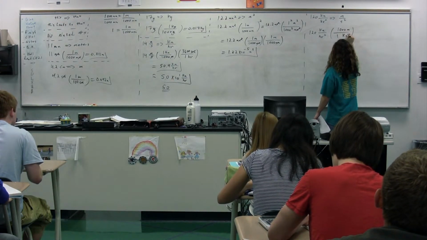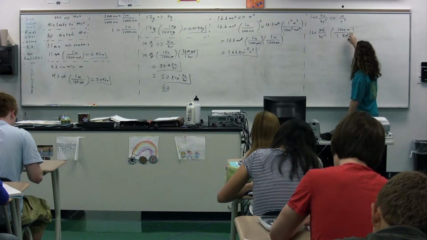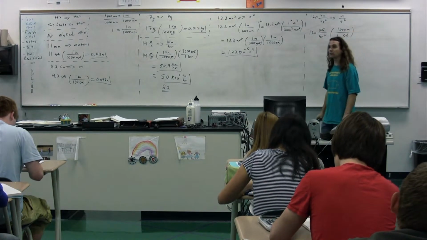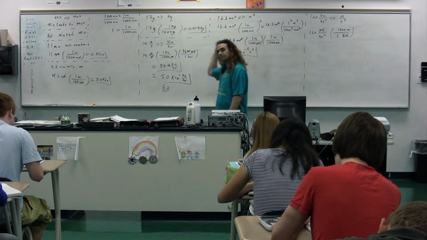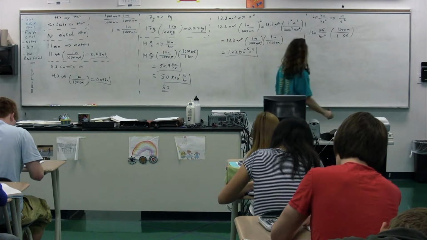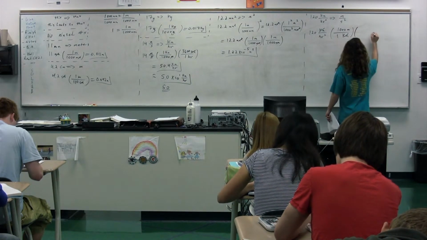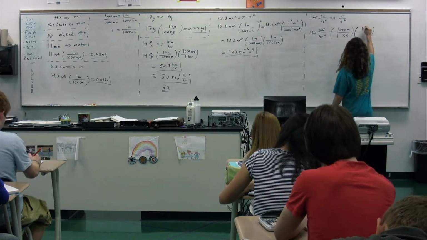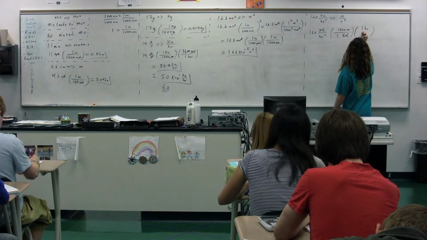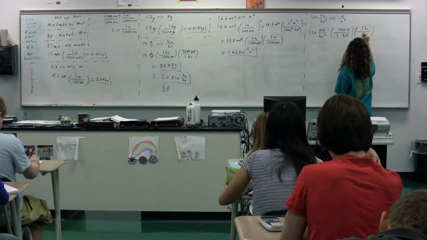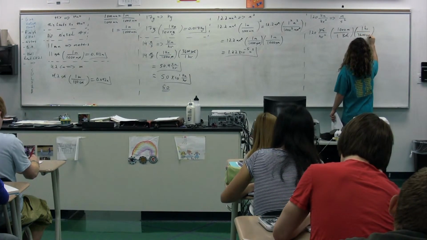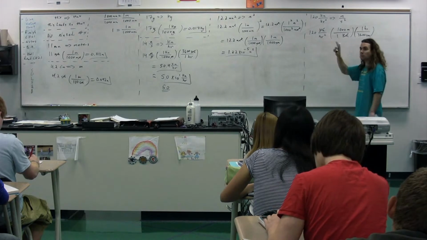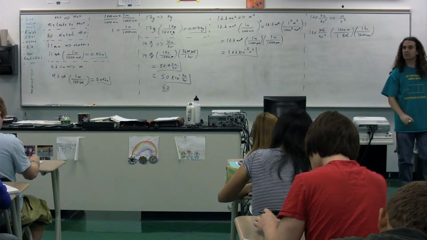Okay, so what you've done is you've converted from kilometers to meters. We're now in meters per hour squared. And then you're gonna have to multiply by 1 hour over 3,600 seconds. And that takes care of one of the hours, but we have two of the hours, so you have to do it again. So we do it again.